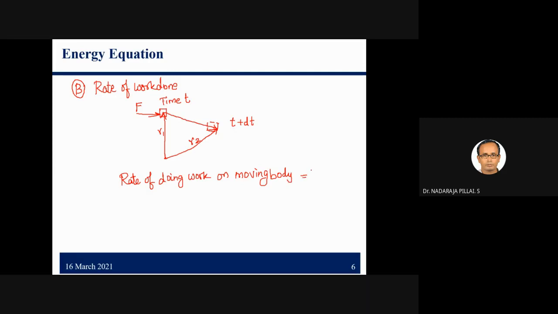That is equal to the force F dot V, right? In other words, we can say the rate of work done on a moving body is equal to the product of its velocity and the component of force in the direction of the velocity, right? Then we can write this.